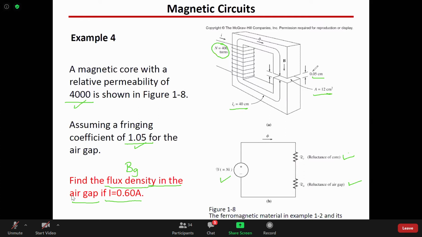So the question now is how we solve this circuit. We need to find the flux density at the air gap, which is B. So how do we do this?